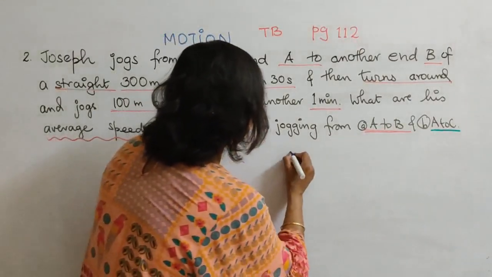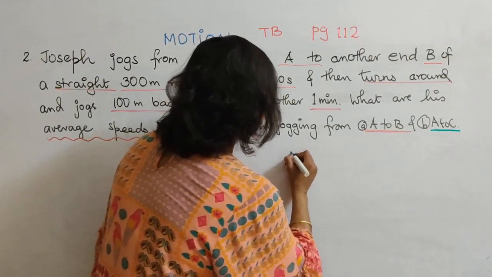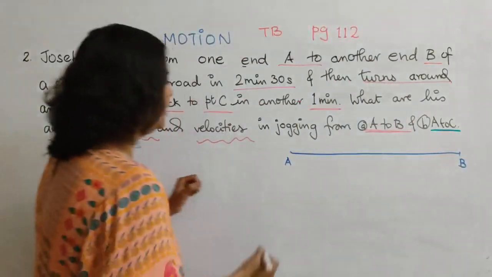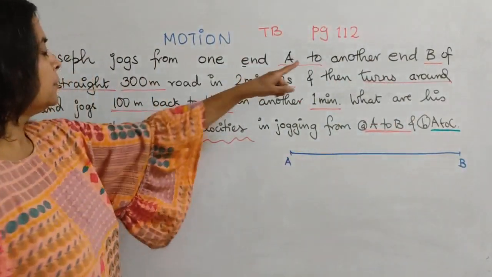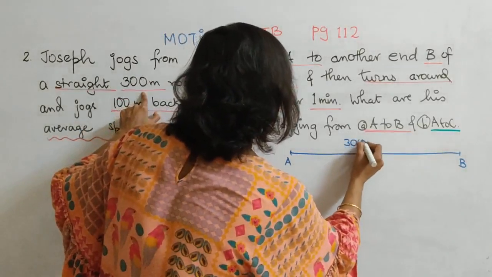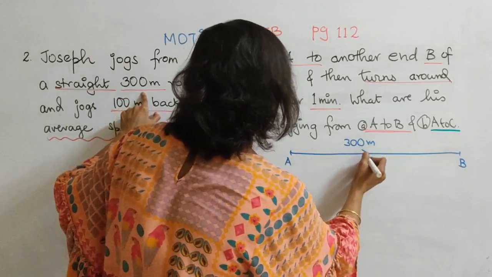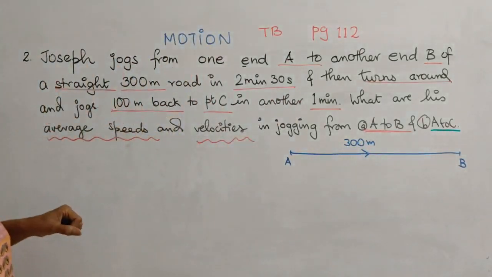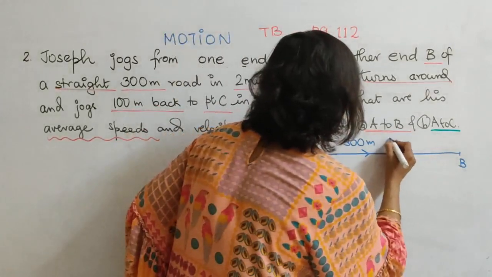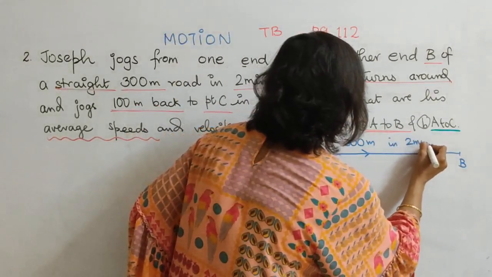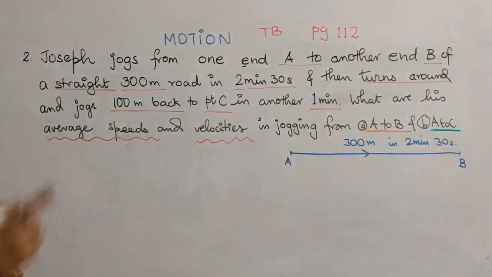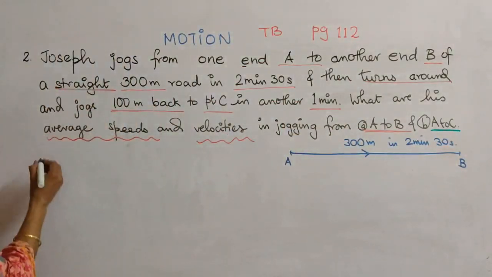So let's say that this is A and this is B and this is 300 meters. So he went like this, and the time taken was 2 minutes and 30 seconds.